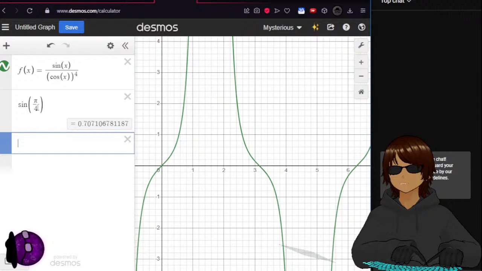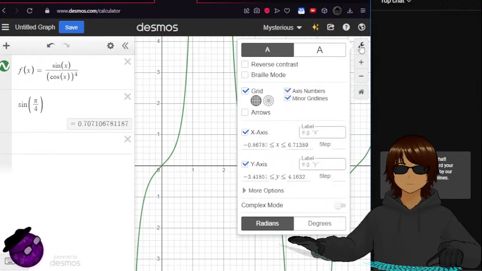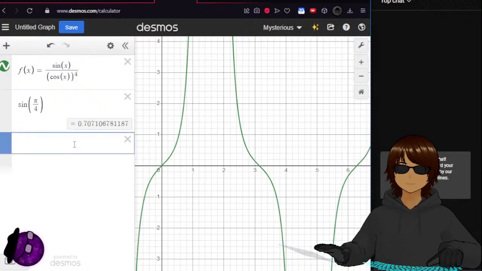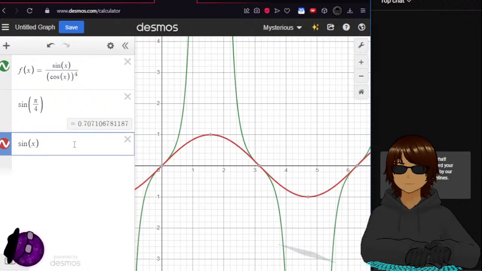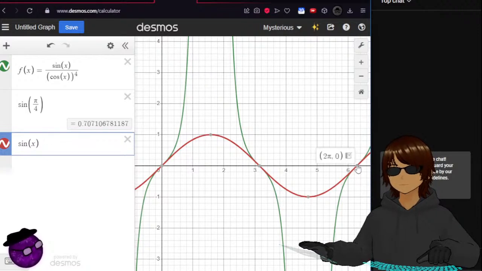Is it root 2? Hold on. This is pi over 2.